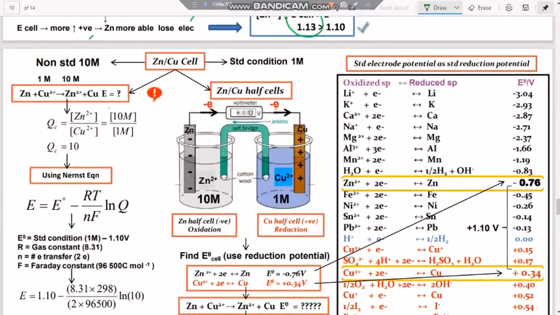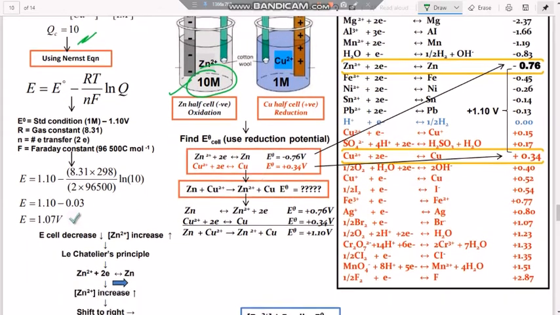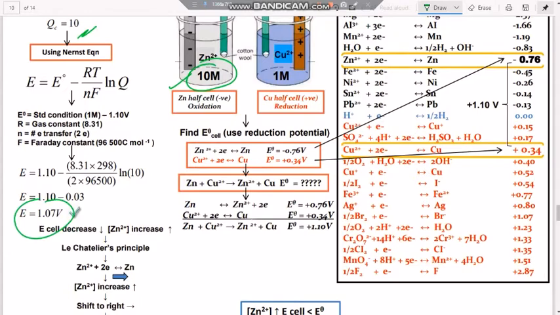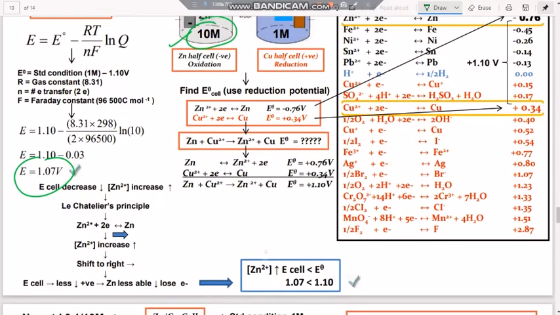Moving on to another kind of observation: when the zinc concentration is increased to 10 times that of 1 molarity, meaning 10 molarity, the QC we got is 10. The EMF of the cell is 1.07, and that indicates that when zinc concentration increases, the EMF of the cell decreases.